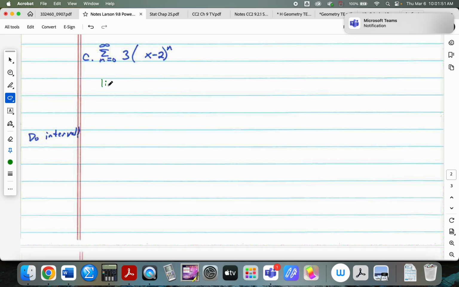So we're going to have the limit as n goes to infinity of the absolute value of 3 times x minus 2 to the n plus 1 power over 3 times x minus 2 to the nth power, which will be the limit as n goes to infinity of the absolute value of x minus 2.